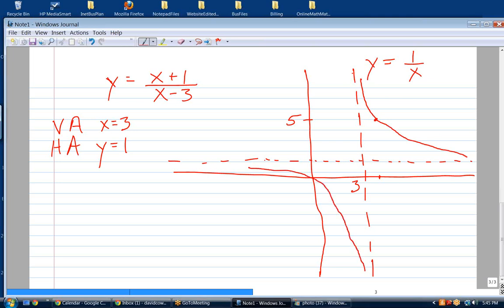Now, this hyperbola is asymptotic with these asymptotes. In other words, as x goes to negative infinity, this approaches the line y equals 1, and as x approaches 3 from the right, this approaches positive infinity. But as long as we know that it's a hyperbola, it's pretty straightforward figuring out your vertical and horizontal asymptotes and which quadrants you're in.